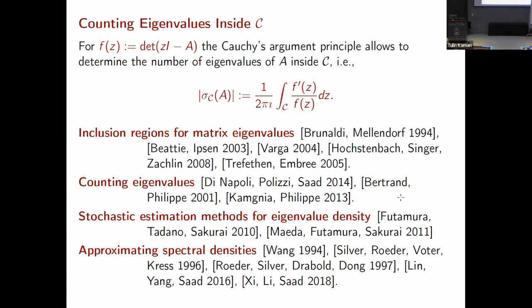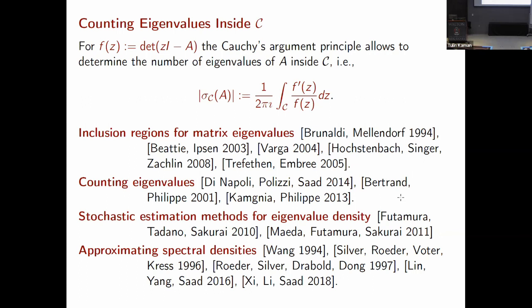So these results go a lot beyond. Another thing is counting eigenvalues, and then you will see some of the approaches which we are using, and also Yousef's work on quantum chemistry: in order to use those methods, even if you want to determine the size of the subspace that you have to use in your subspace iteration method, you need a good estimate of the number of the eigenvalues.